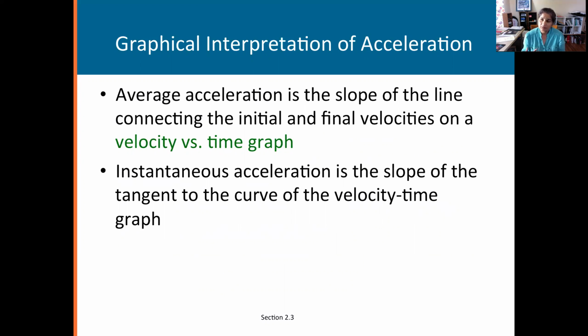We saw in the past that we obtained instantaneous and average velocities from a position time graph. If you plot a velocity time graph, then you can obtain information about the acceleration. So you can get instantaneous acceleration, which is the tangent at any given point of this velocity time graph. And if you take the slope between any 2 points, that's going to give you the average acceleration between those 2 points in time.